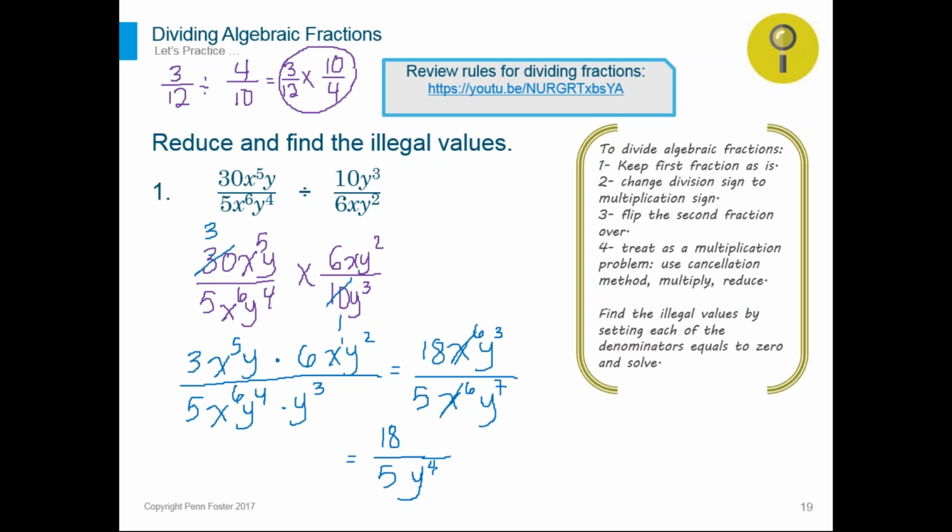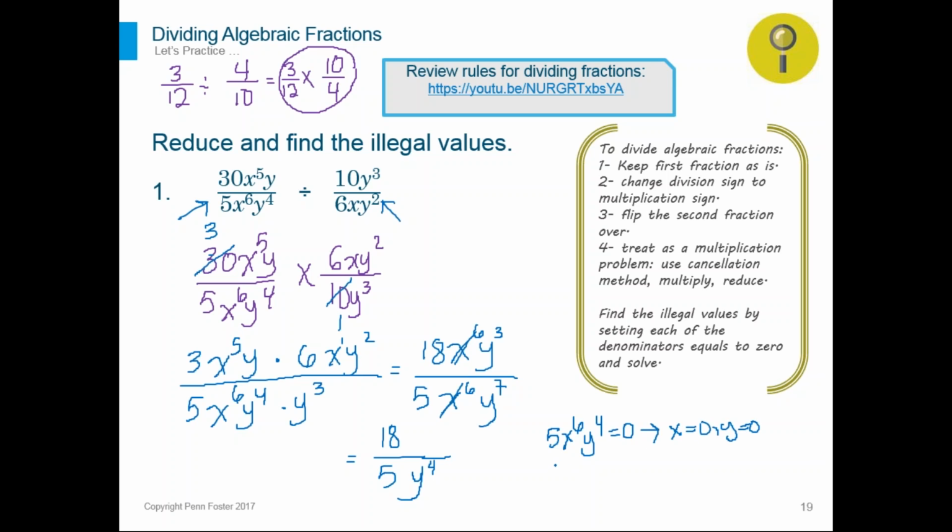Where do we find the illegal values from? From the original denominators, from the division problem, not the multiplication problem. So you will say, well, 5x to the 6, y to the fourth equals 0. So that must say that x equals 0 and y equals 0 are the illegal values of this fraction.